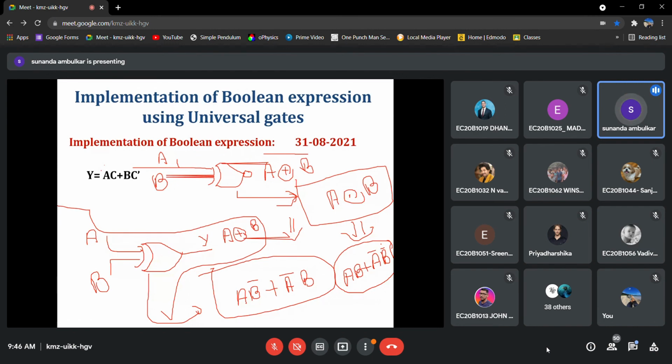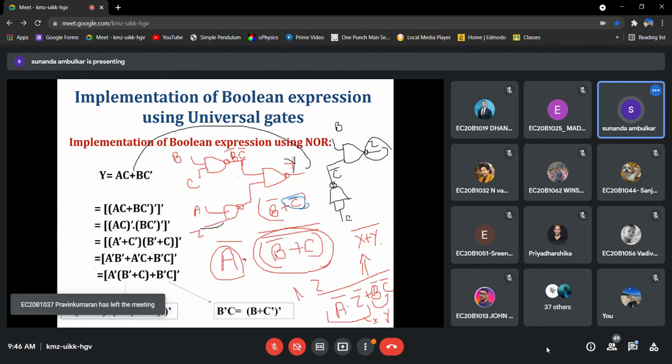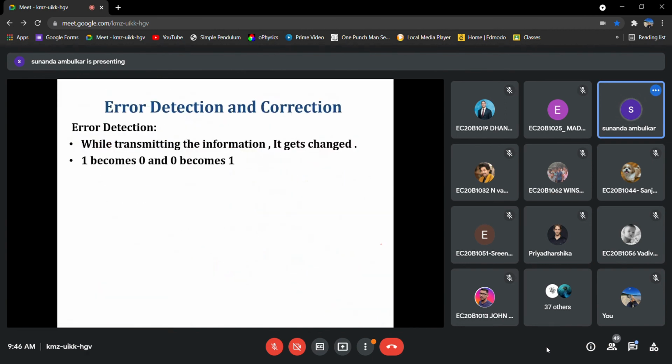Okay, so from the first unit we have completed the implementation of Boolean expressions using universal gates, and the last topic from the first unit is error detection and error correction. What is the meaning of error detection and error correction?